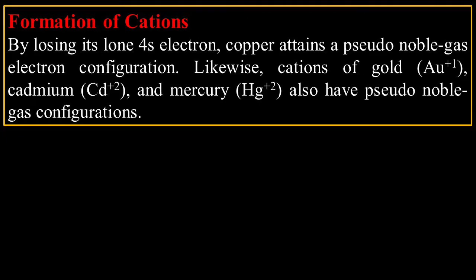By losing its lone 4s electron, copper attains a pseudo-noble gas configuration. Likewise, cations of gold, cadmium, and mercury also have pseudo-noble gas configurations.